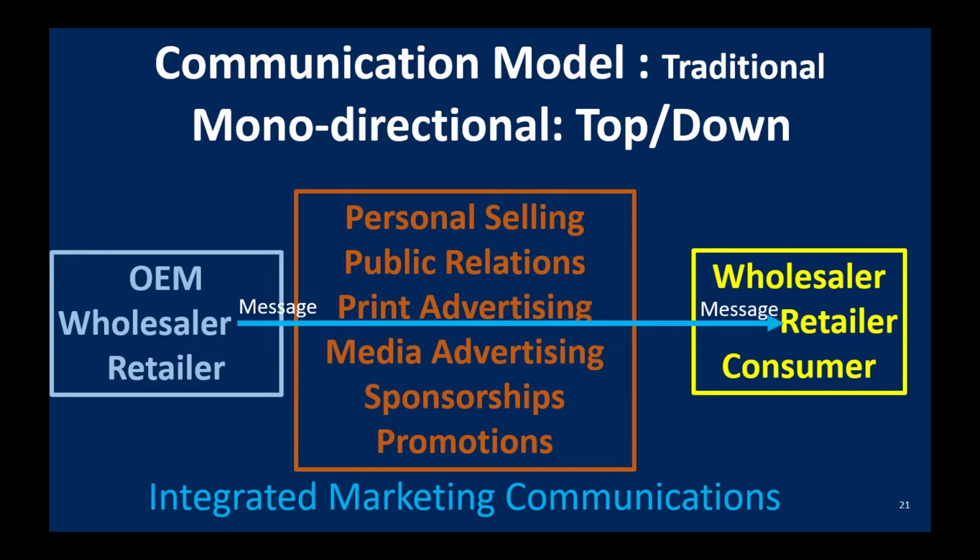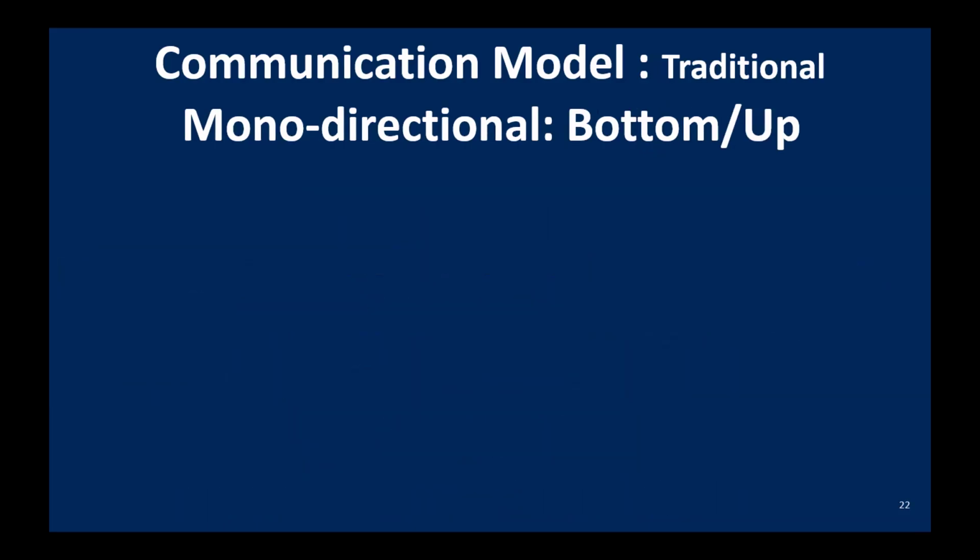But every now and then, retailers will communicate with other retailers. So in integrated marketing communications, this is where you take all of these different types of messages, put them in all of these different channels, and send that message over to the target audience on the right-hand side.